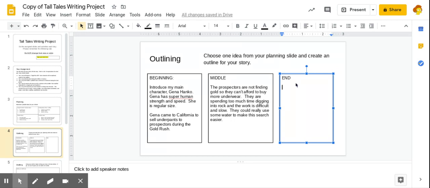Okay. So Gina took up a shovel and pickaxe and started to dig a trench from the top of the Sierra Nevadas all the way to San Francisco Bay.